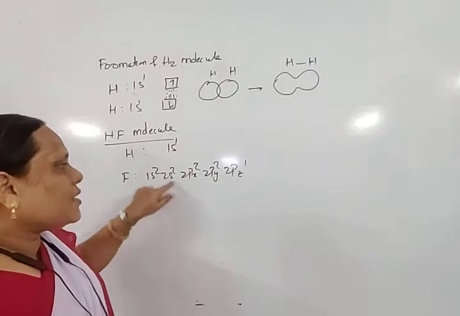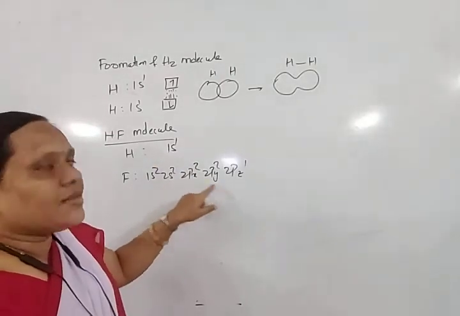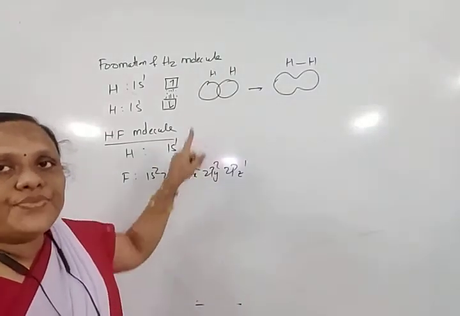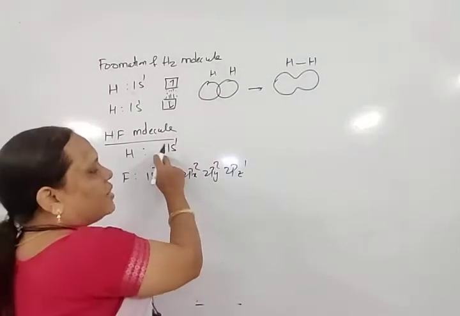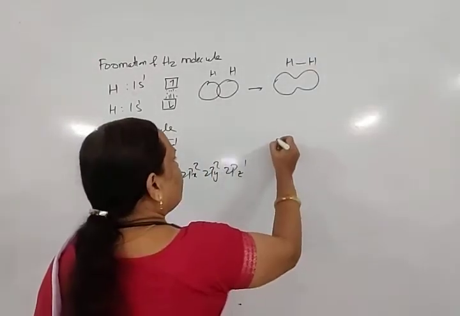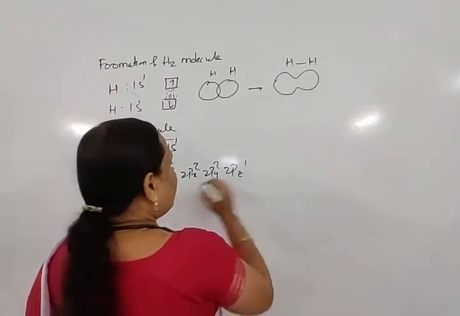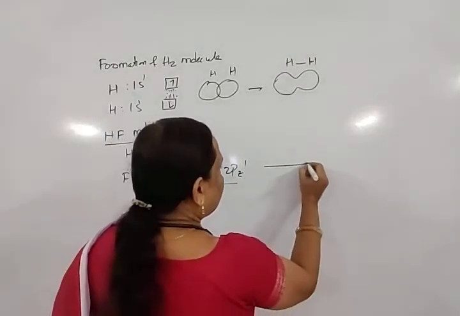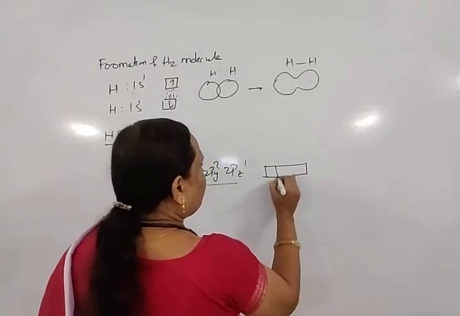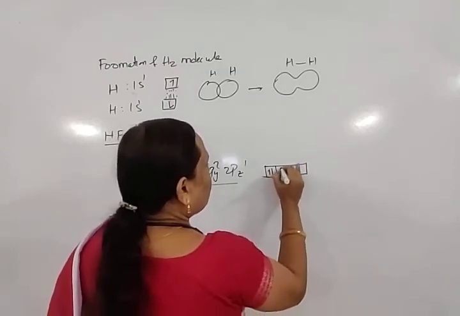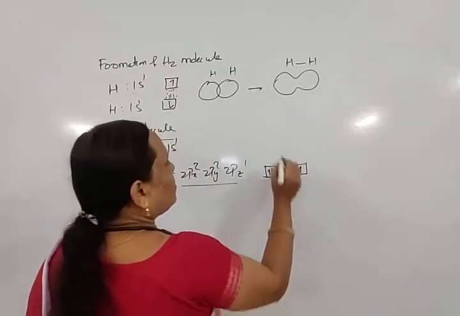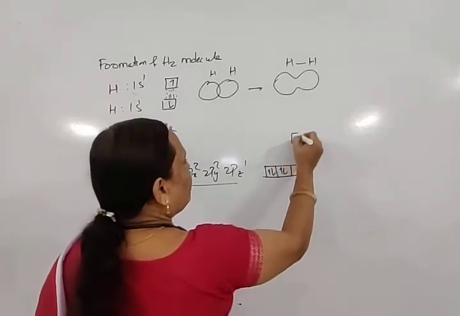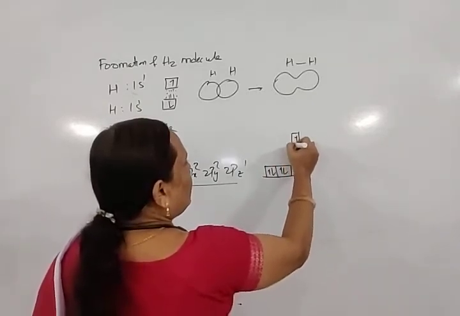The orbitals which have paired electrons generally do not overlap to form covalent bonding. So 1s and 2pz in this way. For that, I am writing only the valence shell of the last three: 2p3, 2 electrons here, 2 electrons, 1 electron in z, and this is 1s, 1 electron.